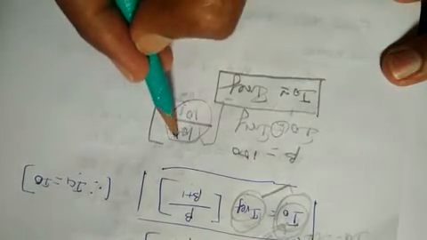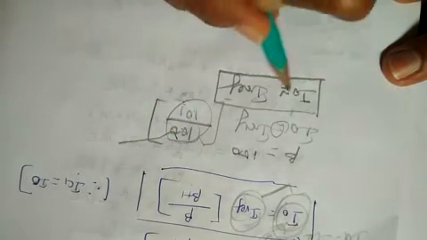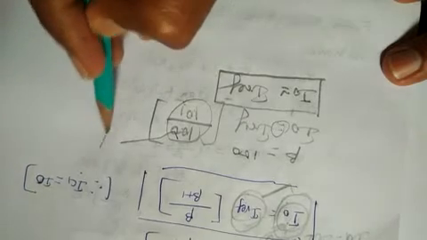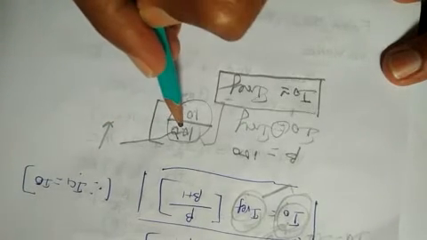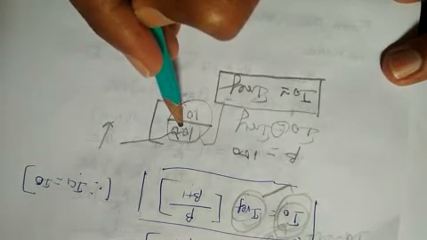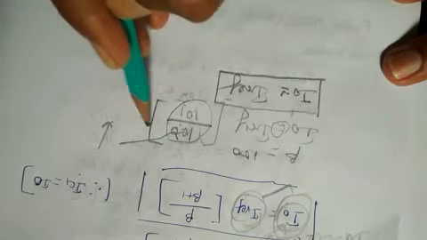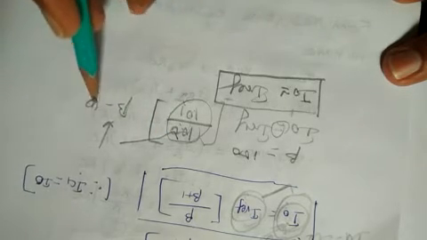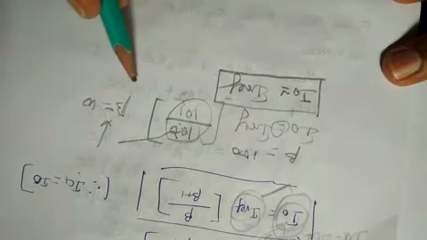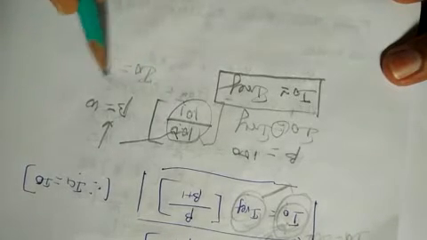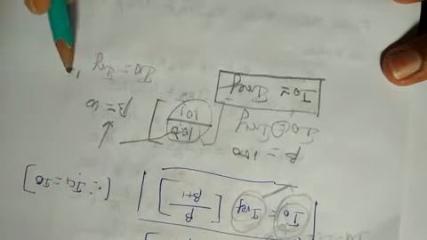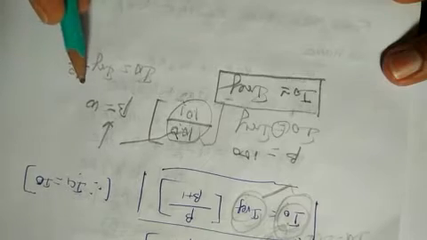If you go for beta more than 100, you will have a better approximation. The problem is for lower beta: if beta is 10 or some lesser value, you will have I out equal to I reference into 10 divided by 11.